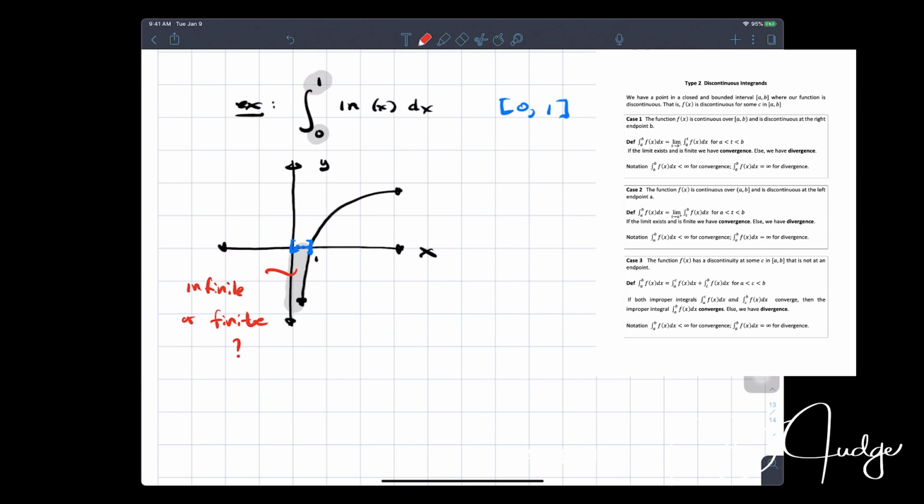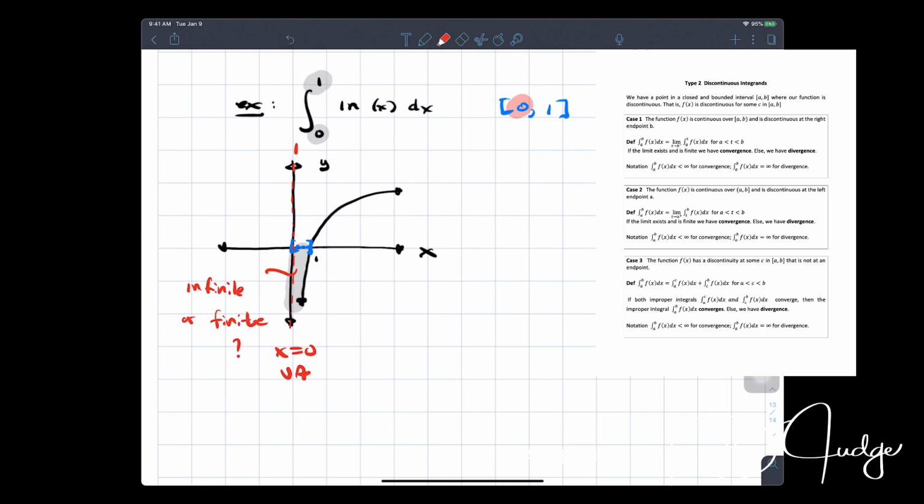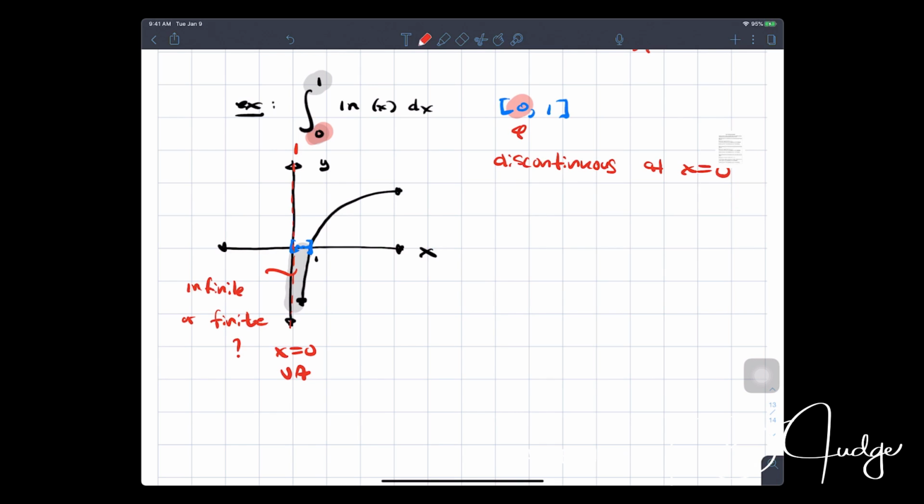So in this example, because you have on the y-axis at x equals 0 a vertical asymptote, I'm going to say to you, this portion you have a discontinuity right in here. Okay, so your function here is discontinuous at x is 0. All right.